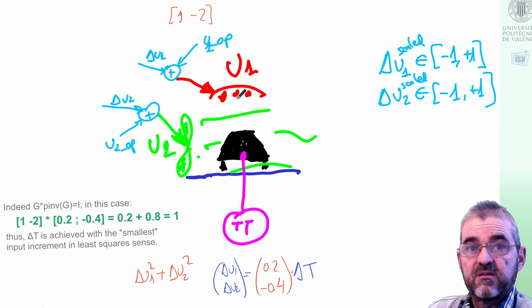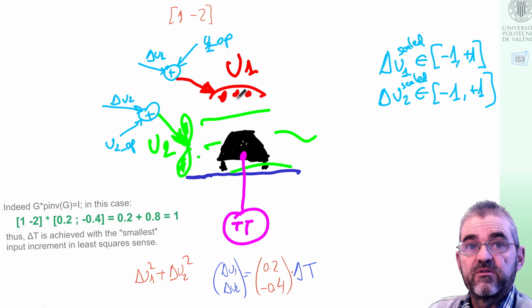That would be the best way to operate in the least square sense, and the worst way would be incrementing 2 units the resistor and 1 unit the fan, because that would be the null space maneuver. It would have no effect.